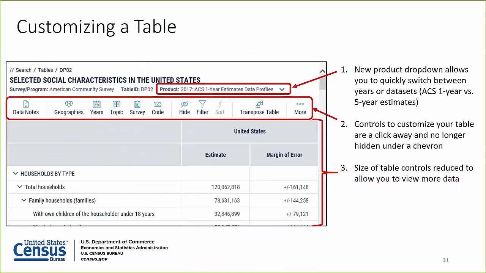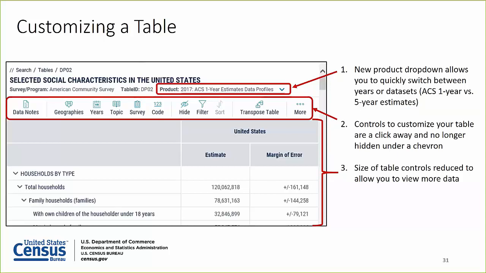Customizing tables: when you look at the table display, you're able to click on the product, and if it's an American Community Survey table, you can choose between a 1 or a 5 year. You can also change the year.